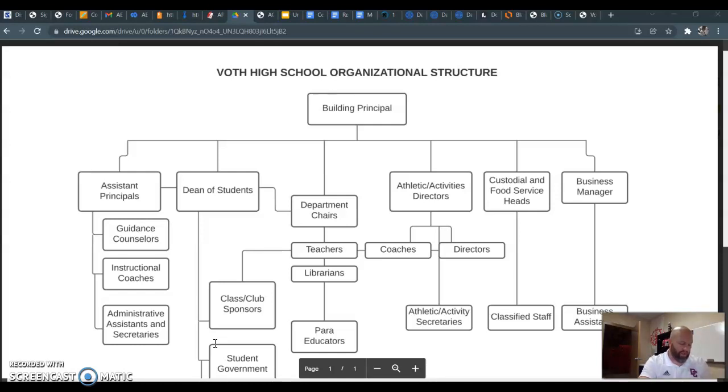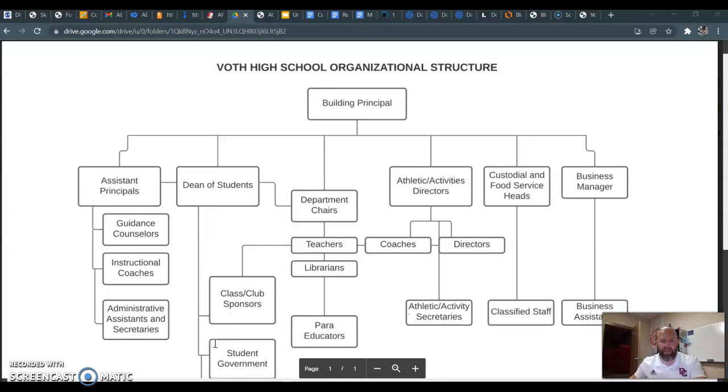At the top of my flowchart, I placed the building principal, as he or she is in charge of the building in its entirety. I placed those entities, for example, assistant principals and ADs, custodial and food service heads, as equals on my chart.